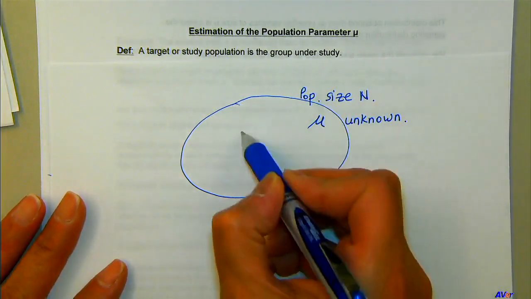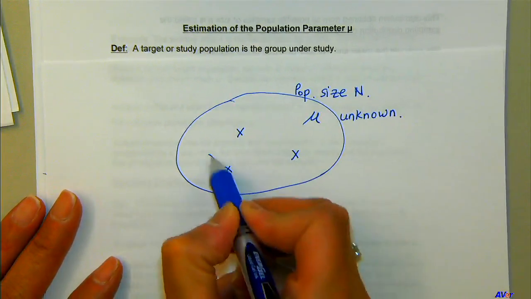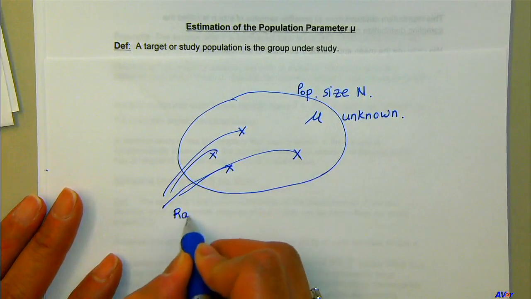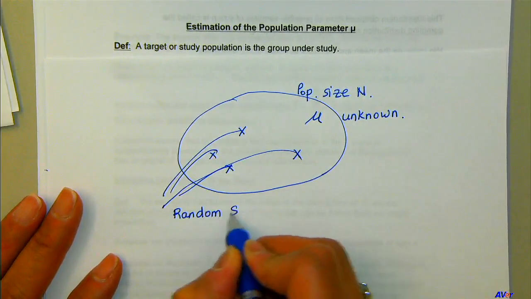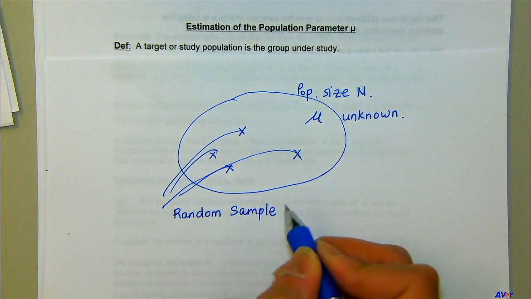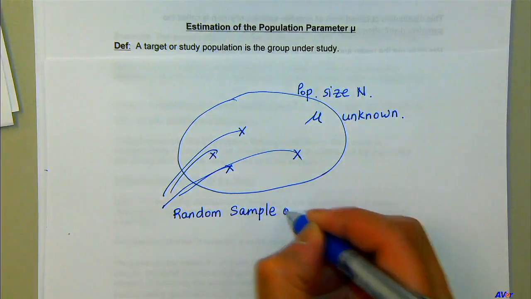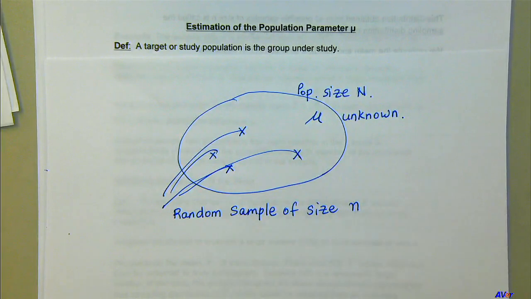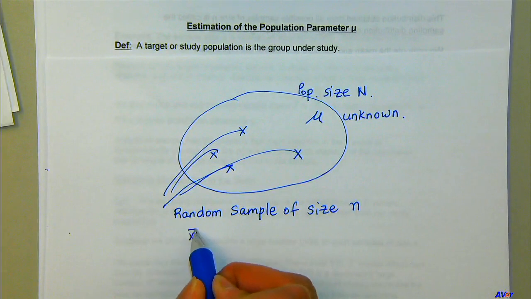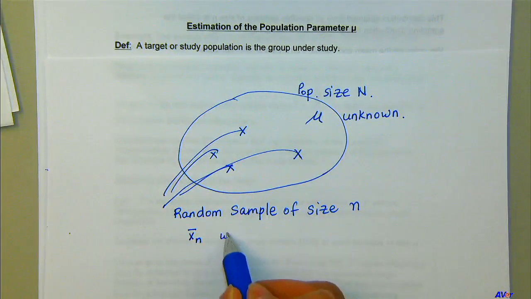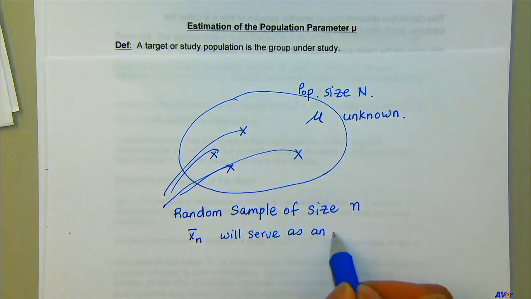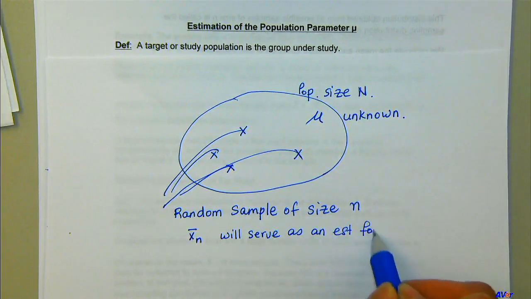So I would like to take a random sample from this population of size lowercase n, and whatever you get for x bar n will serve as an estimate for mu.